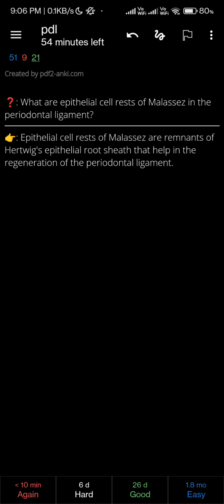They help in the regeneration of the periodontal ligament.